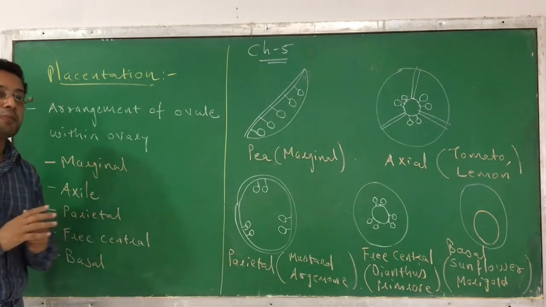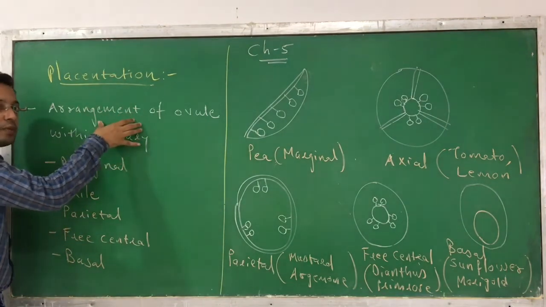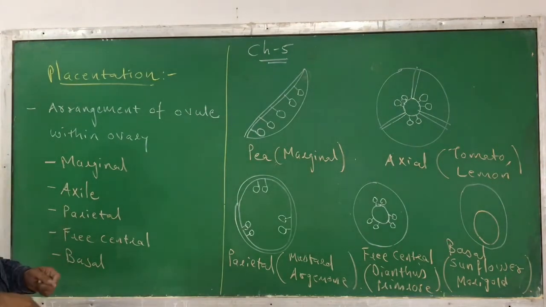So that's all about placentation. What is placentation? Placentation means the arrangement of ovules within an ovary. Five different kinds of arrangement you can find: marginal, axial, parietal, free central, and basal.